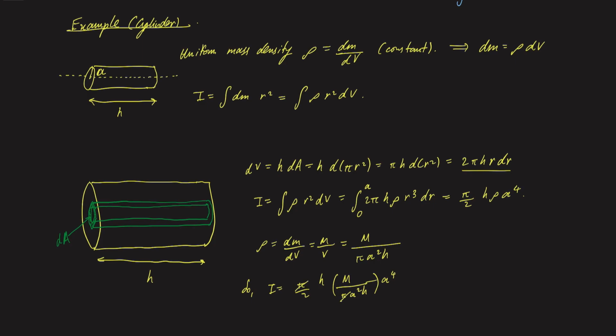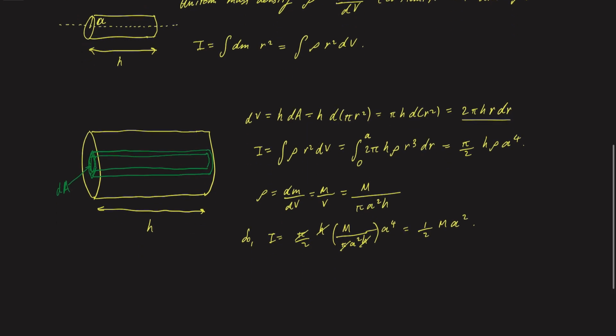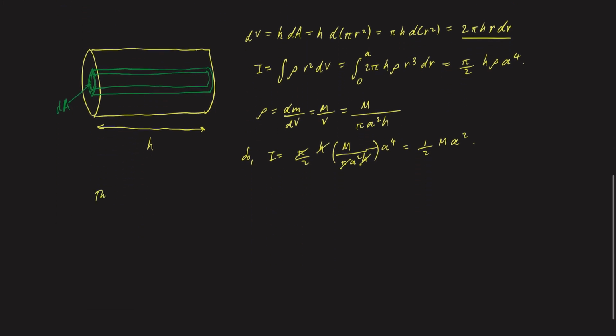And we get some nice cancellations over here, and this gives us 1/2 m a squared. And so finally we have that for a cylinder of radius a that's solid with uniform mass density, its moment of inertia is 1/2 m a squared.